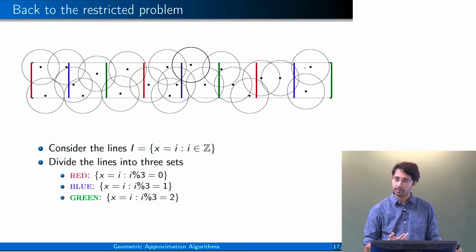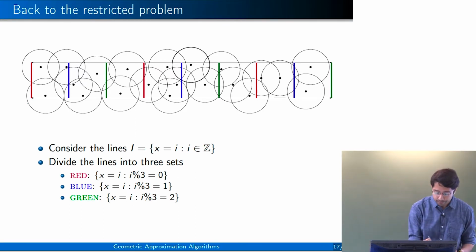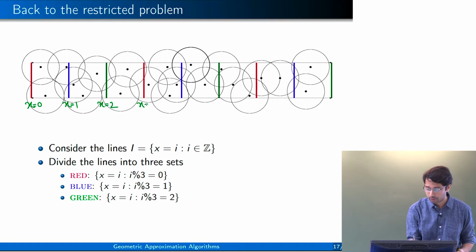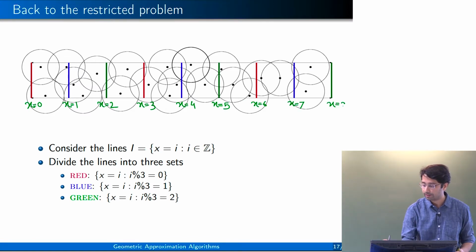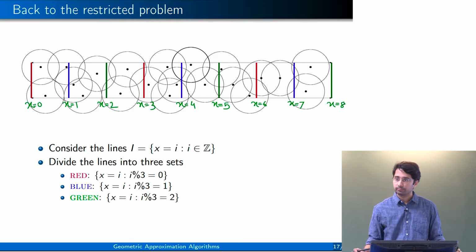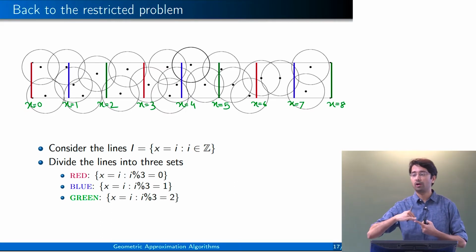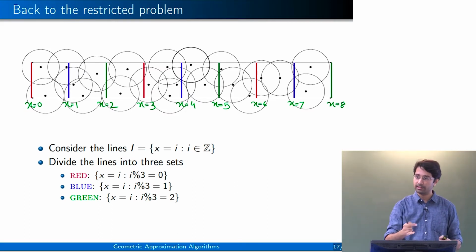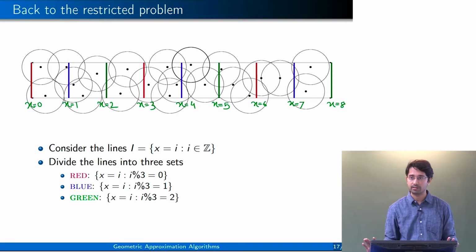What is red? So, suppose this is x equals 0, this is x equals 1, this is x equals 2, x equals 3, x equals 4, x equals 5, x equals 6, x equals 7 and x equals 8. I am just doing a modulo division operation, taking the remainder. Depending on whether the remainder is 0, 1 or 2, I am placing this line segment in one of these classes.